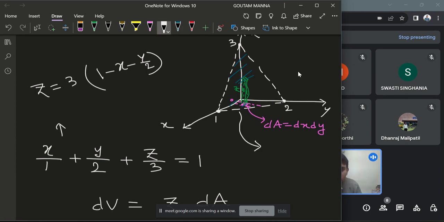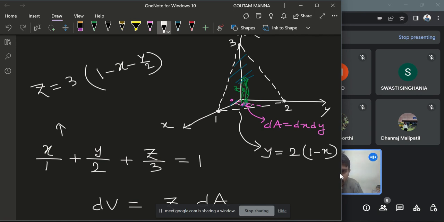This line is a part of this plane where z equals 0. So in the plane equation, if I put z equals 0, we will get y equals 2 times (1 minus x). This is the equation of this line. So if I do the y integration first, the y limit will go from 0 to this line, and then x will go from 0 to 1.